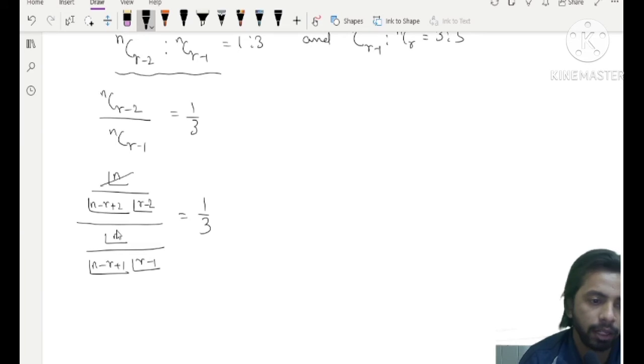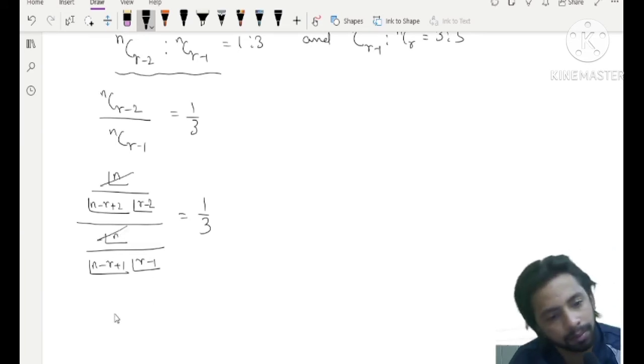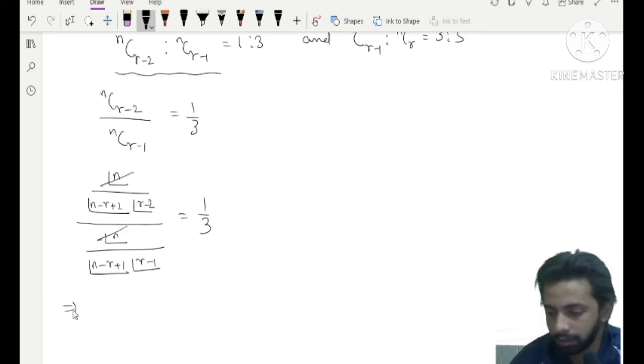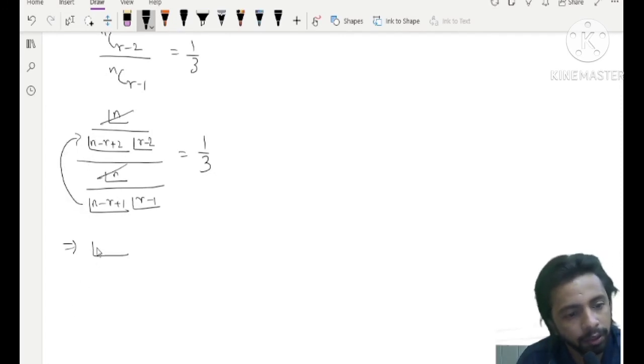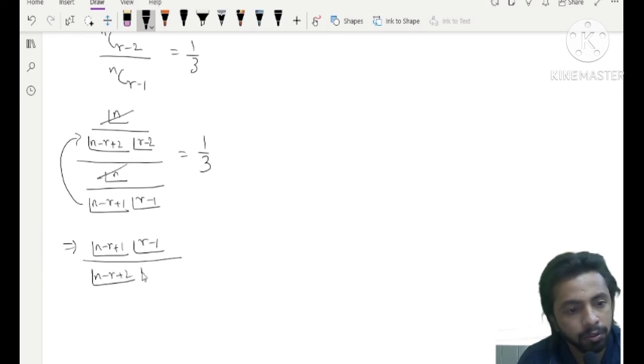Factorial n gets cancelled. Next you can just write this as, because this will go in the numerator, factorial of n minus r plus 1 factorial r minus 1 divided by factorial n minus r plus 2 factorial r minus 2.